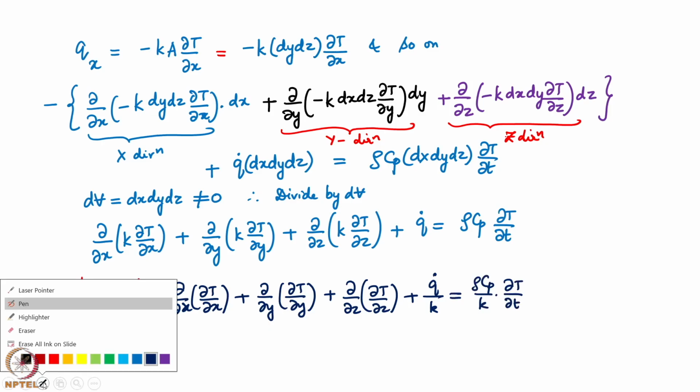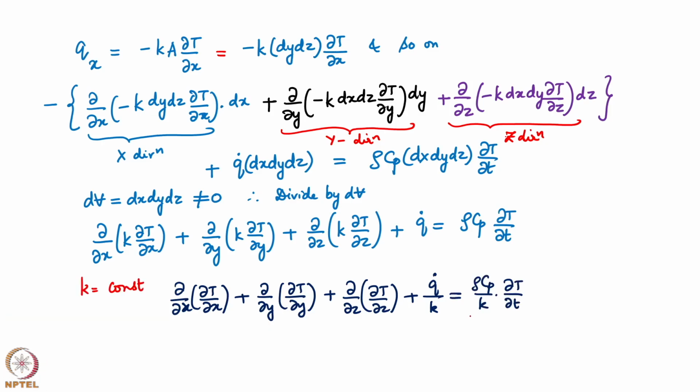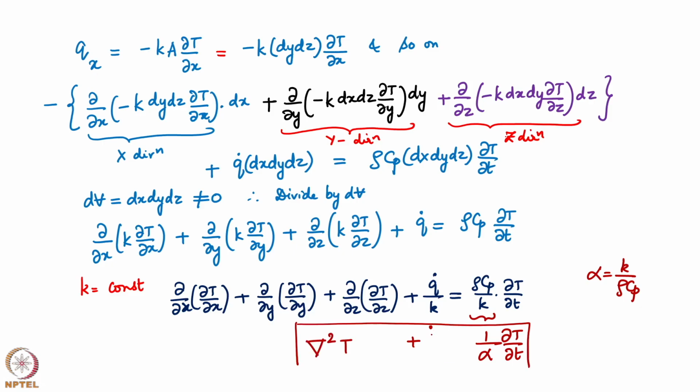And remember, we had alpha equal to k over rho Cp. So, this is 1 over alpha dt by dt, this is q dot by k, and this is del squared t. This is your governing equation for constant thermal conductivity.